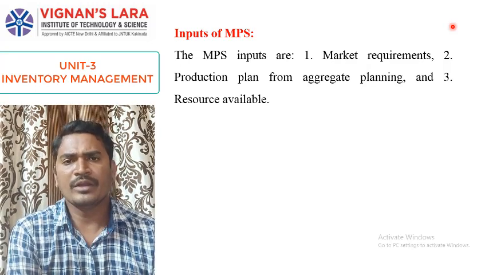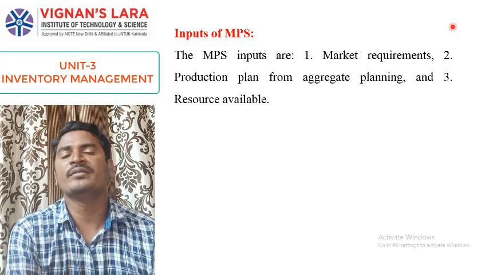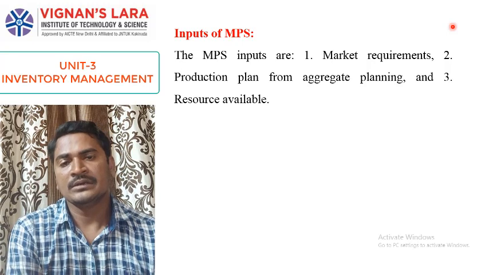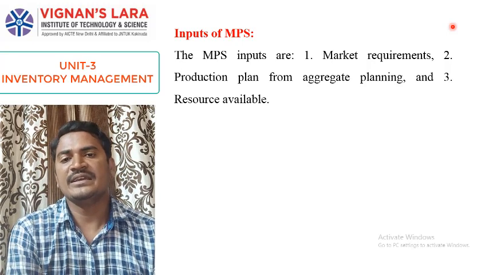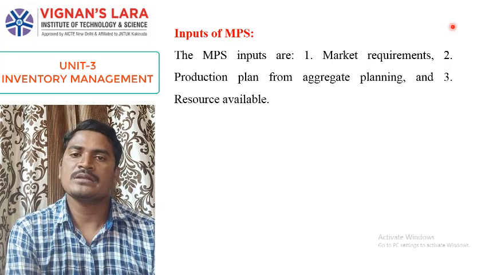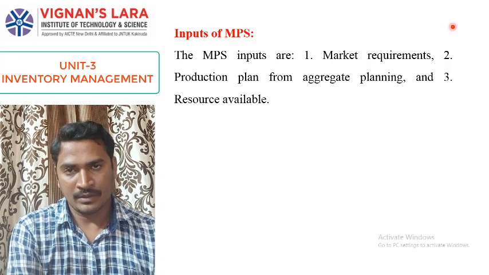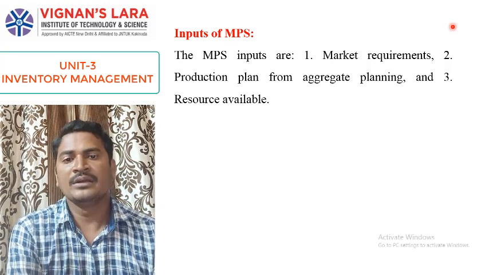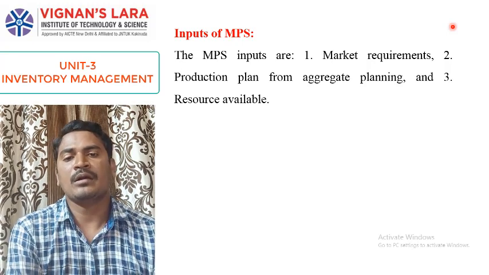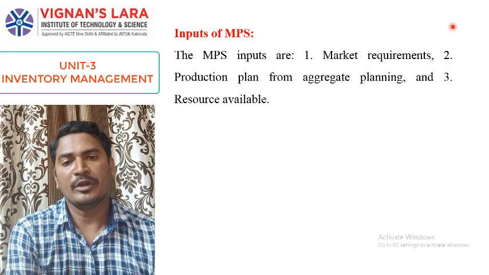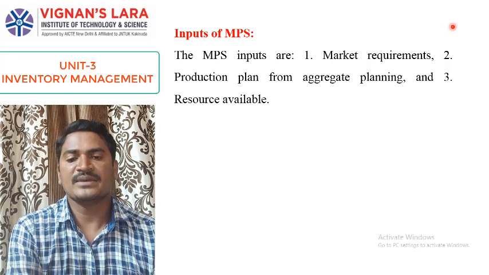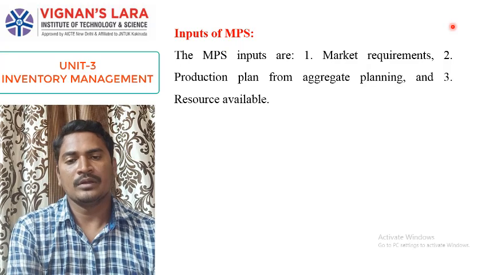Without requirement, we can't produce any items. In a manufacturing or production industry, first they take the orders from the customers, or they take the order from the market, and only then are they going to start the production. Based on their requirement only, they prepare the aggregate production planning as well as the master production schedule.